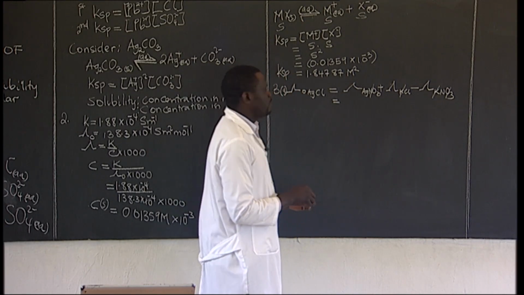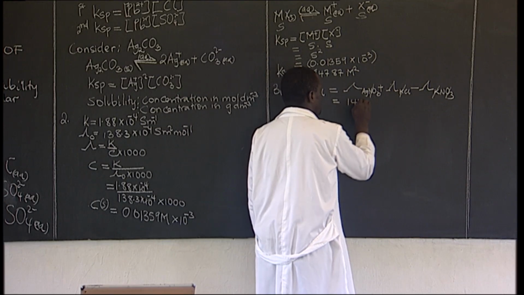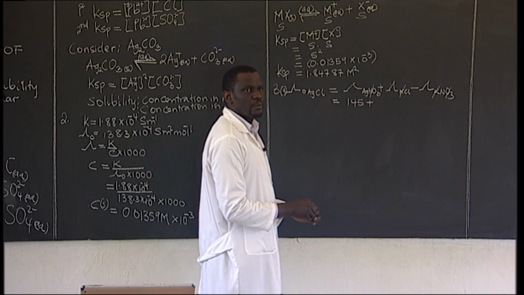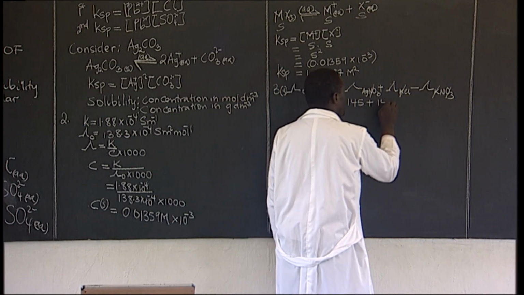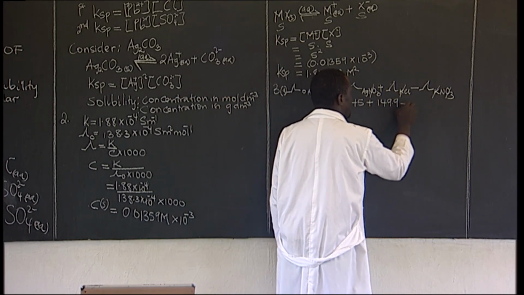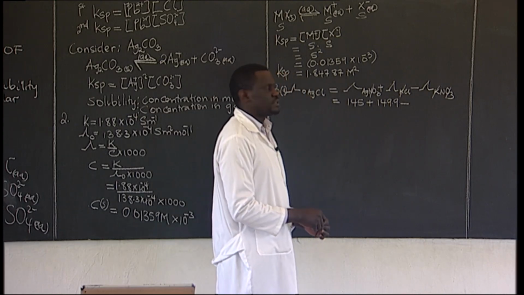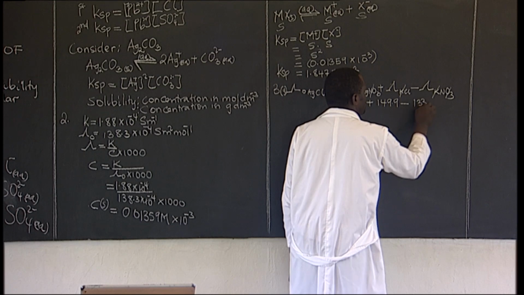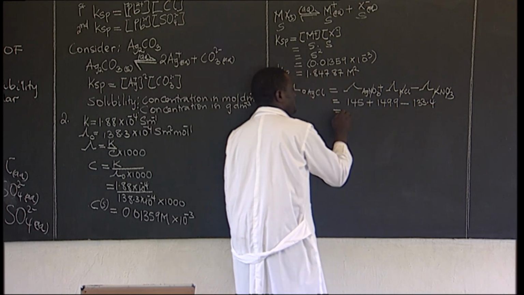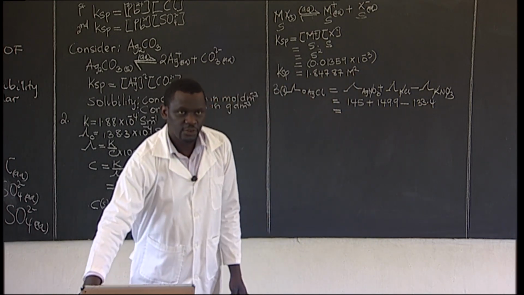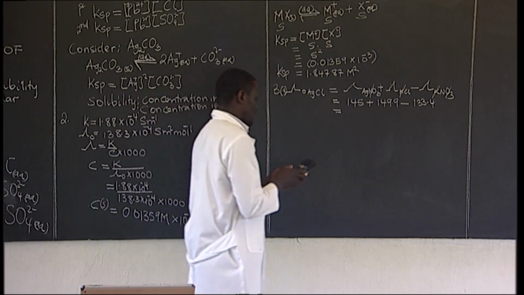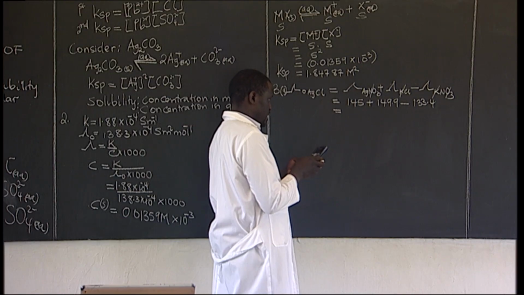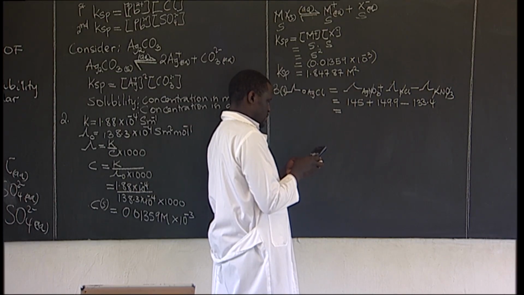So we continue and we substitute. We are going to say 145 plus 149.9 minus 133.4. So let's calculate very quickly. 145 plus 149.9 minus 133.4.